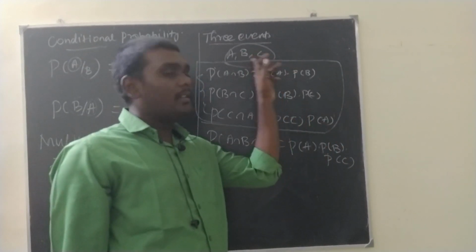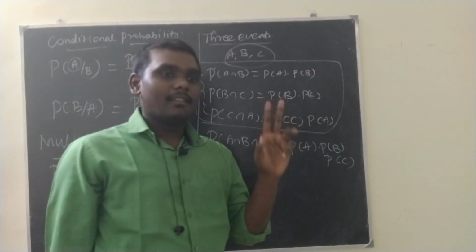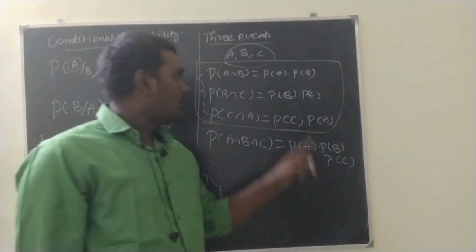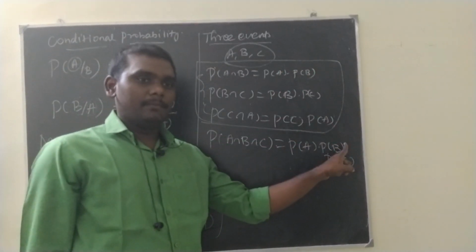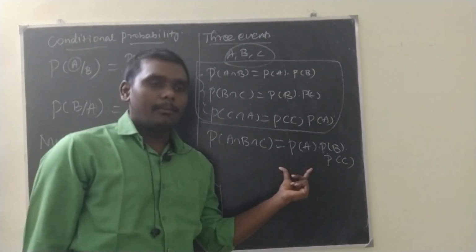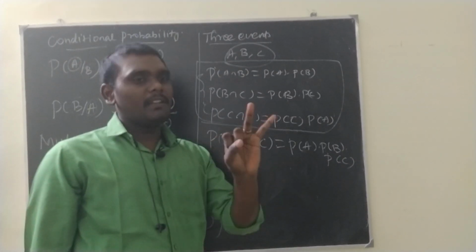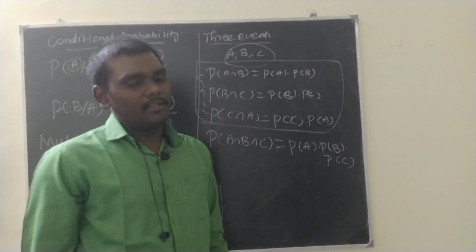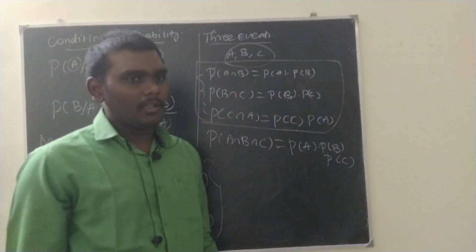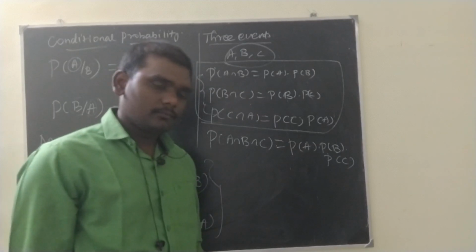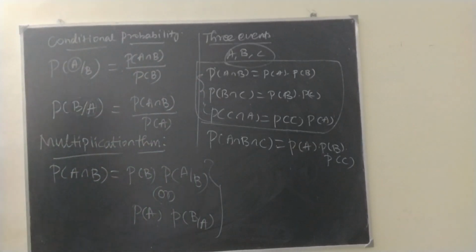Instead, we should say A, B, C are pairwise independent events. Along with these, if this condition also appears, we can say A, B, C are three independent events. Any doubts in this?